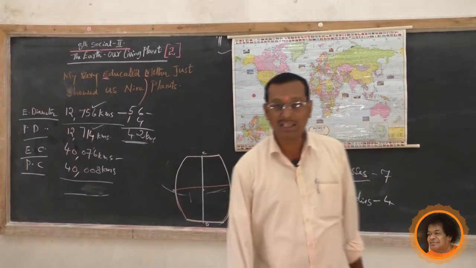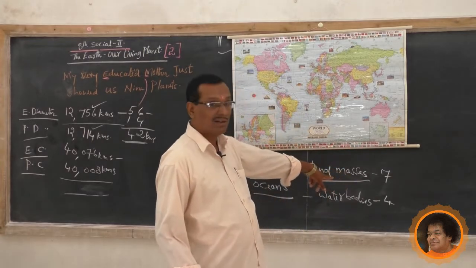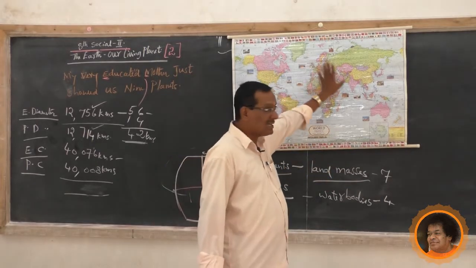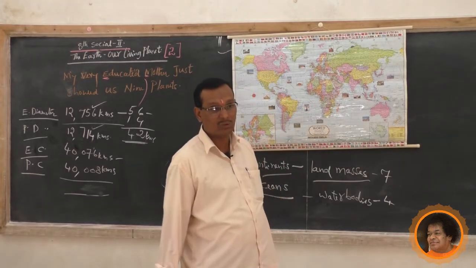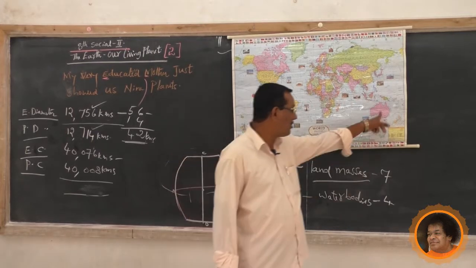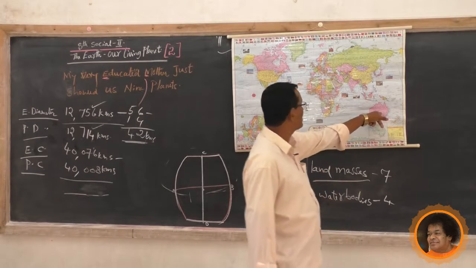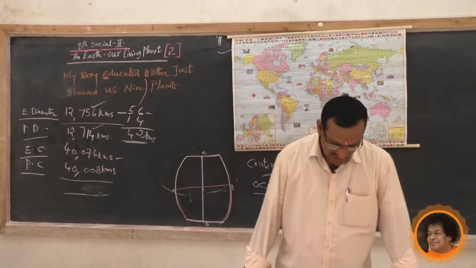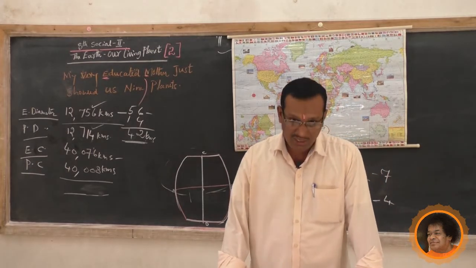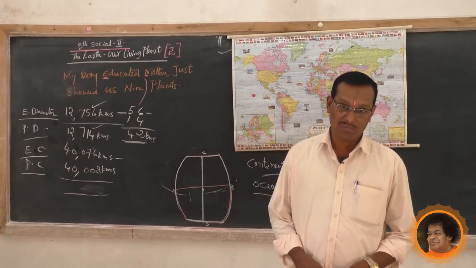Which is the biggest continent among the 7? Asia. Asia is the biggest continent of the world. Which is the smallest? Australia. Therefore, there are 7 continents: Asia, Africa, North America, South America, Antarctica, Europe and Australia.